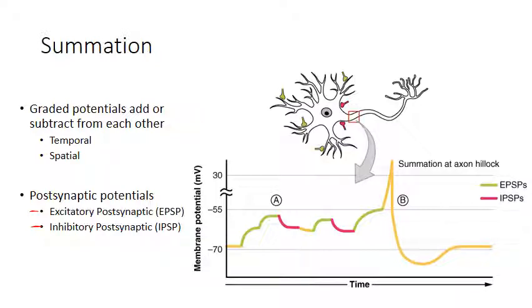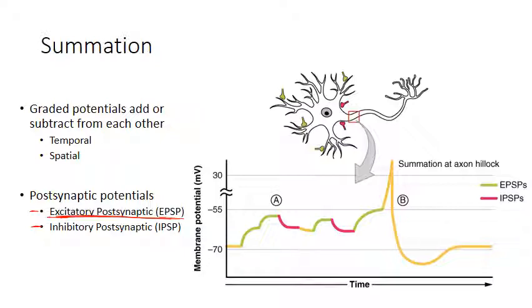In general, an EPSP, an excitatory postsynaptic potential, is weak. One EPSP would cause a 0.5 millivolt change. We need about 30 EPSPs to actually reach our threshold. So to go from minus 70 to minus 55, we have to get 30 EPSP signals to a cell to reach that threshold.